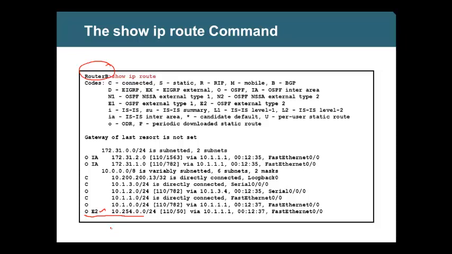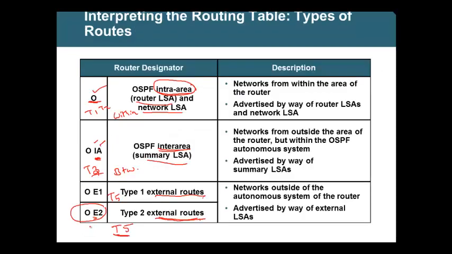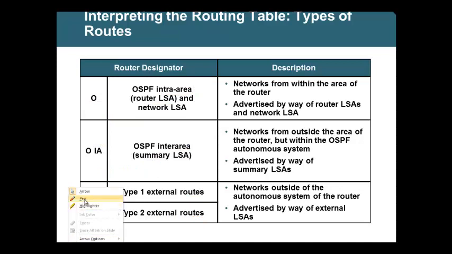We have E2. What about E1? Both are type 5 learned routes, but when you have E1, you will not have E2. When you have E2, you will not have E1. So what does it mean, E1 and E2? For a destination, you cannot have both. What does it really mean, E2? E2 is default. Again, I'm repeating: E2 is default.